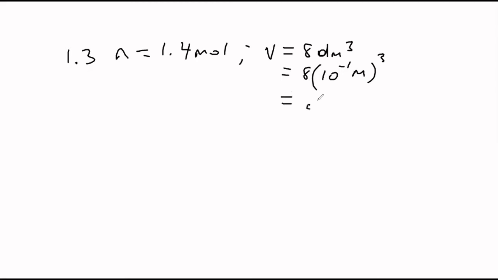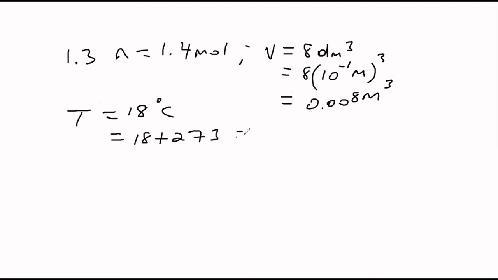How much are we getting? 0.008 cubic meters. The temperature is given as 18 degrees Celsius. We need to convert it into Kelvin, so we add 273. How much are we getting? 291 Kelvin.